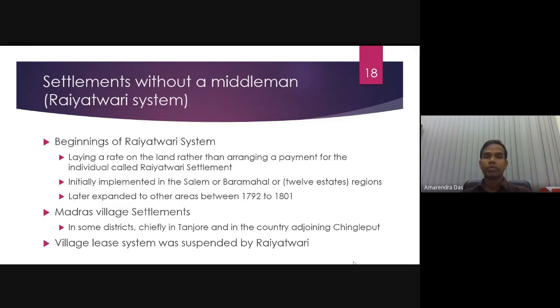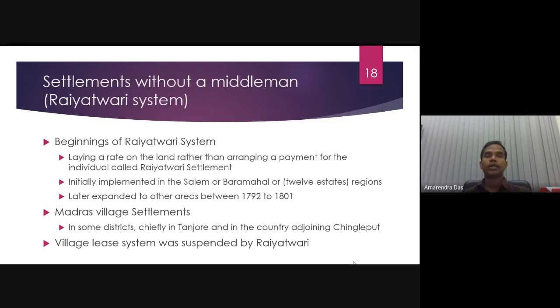So there is a beginning of the Raiyatwari system in the Madras presidency, and how is the Raiyatwari system different from the Zamindari system? You fix a rate on the land rather than arranging a payment for the individual, called the Raiyatwari settlement. So you fix the rate for the land, and not for the intermediary.